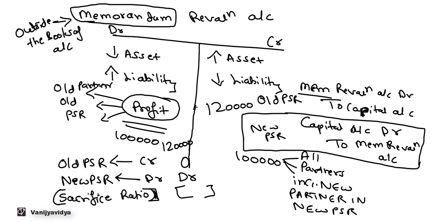The loss reversal entry will be memorandum revaluation account to capital account in the new profit sharing ratio. So this is one more method wherein we do not change the value of assets and liabilities, but at the same time the revaluation profit and loss of the asset and liability is distributed among the partners. So this was about step 1, that is revaluing your assets and liabilities.